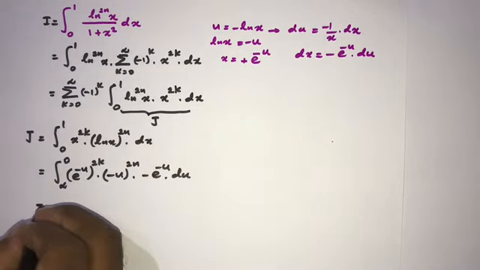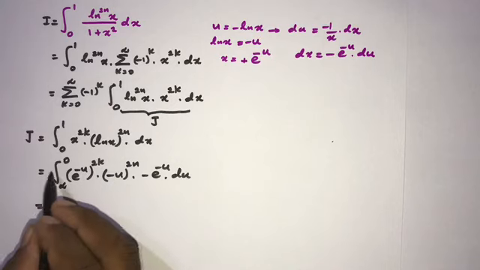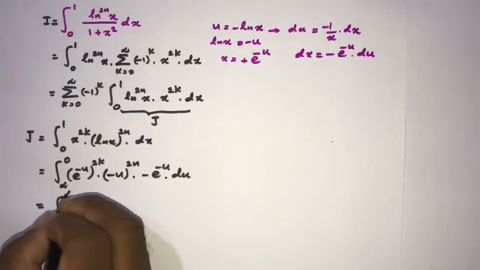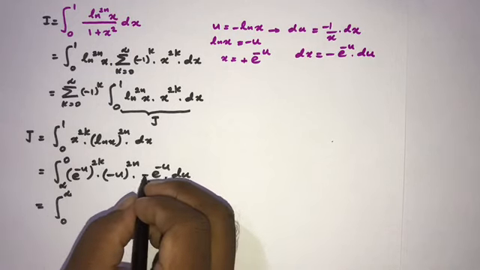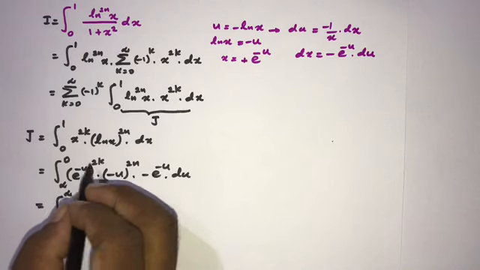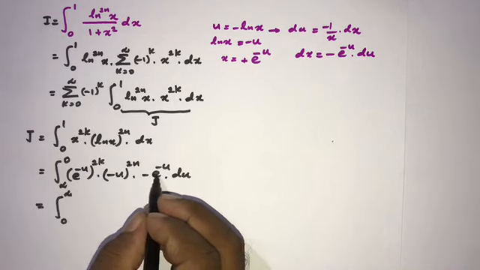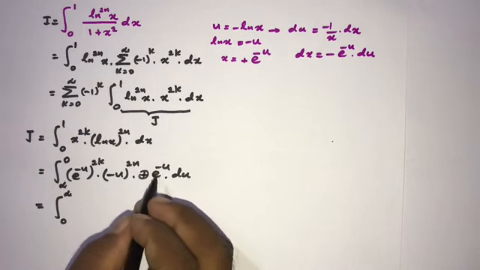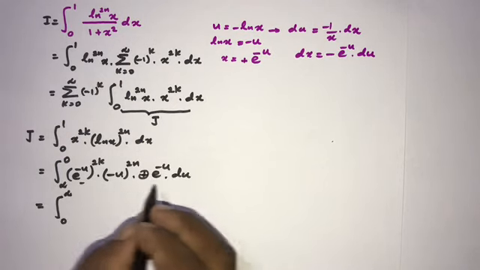Then we change the limits to 0 to infinity, and this minus gets cancelled, and we can simplify this.